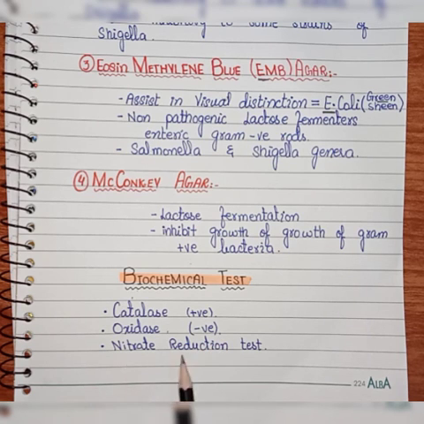Last, we have the nitrate reduction test. And what is the principle of the nitrate reduction test? Basically, it reduces the nitrates into the nitrite in the anaerobic condition when there is no oxygen present for the growth of the bacteria. So, that is all about the Enterobacteriaceae family, their characteristics, their virulence factors and lab diagnosis.